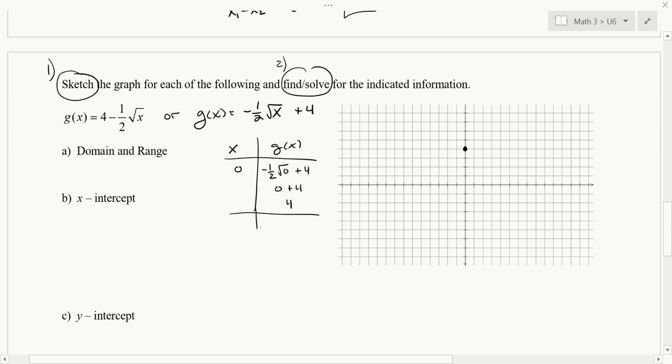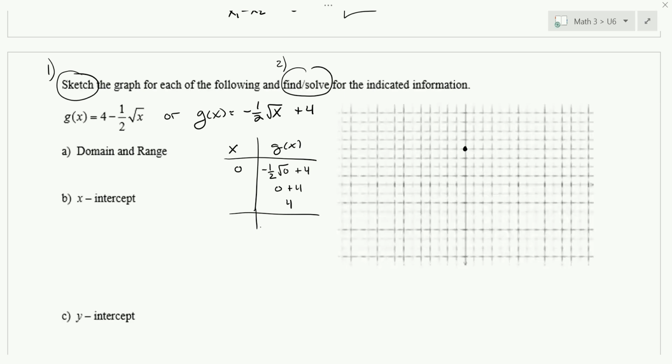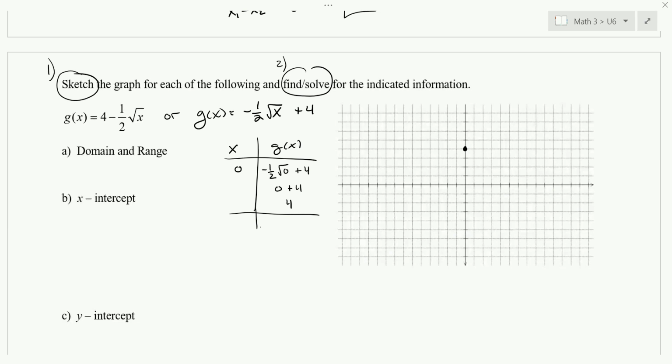Okay. We could take the square root of 1, but if I take half of 1, I end up with a fraction, right? And so I'm going to skip over that one. So you got to think about the square root, and you got to think about the fraction. So then the next thing you could take the square root of is number 4. The square root of 4 is 2, and I could take half of 2 and get an integer.